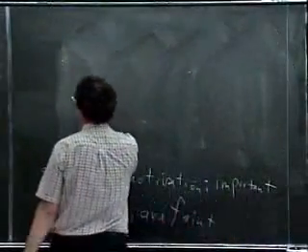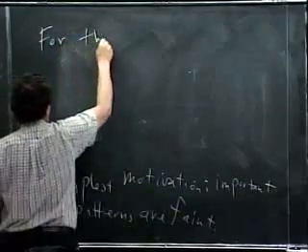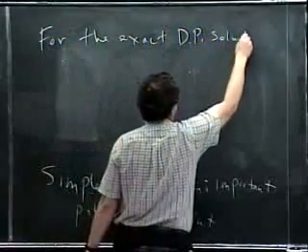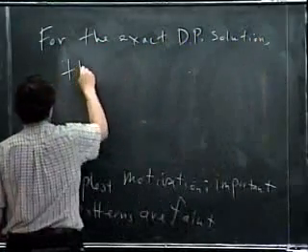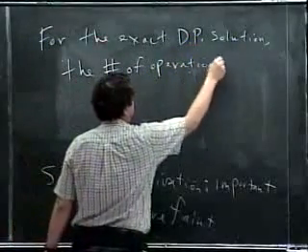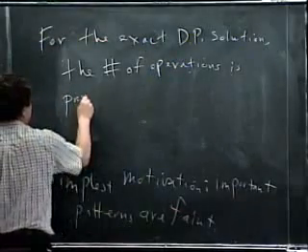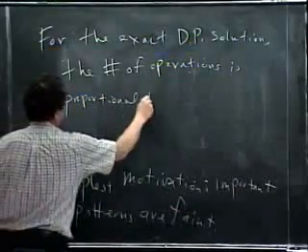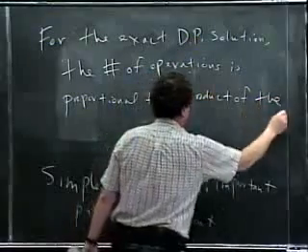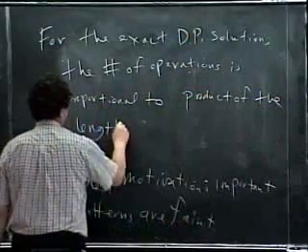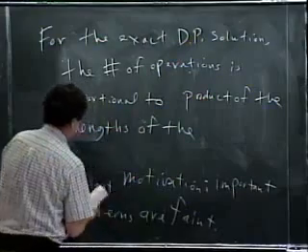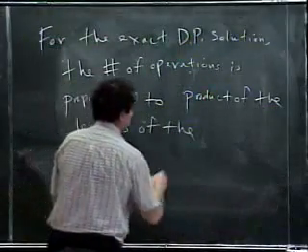The number of operations for the exact DP solution is proportional to the product of the lengths of the strings.